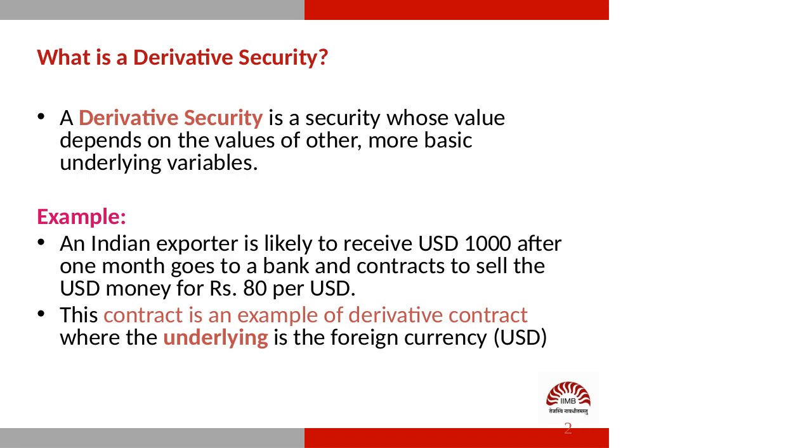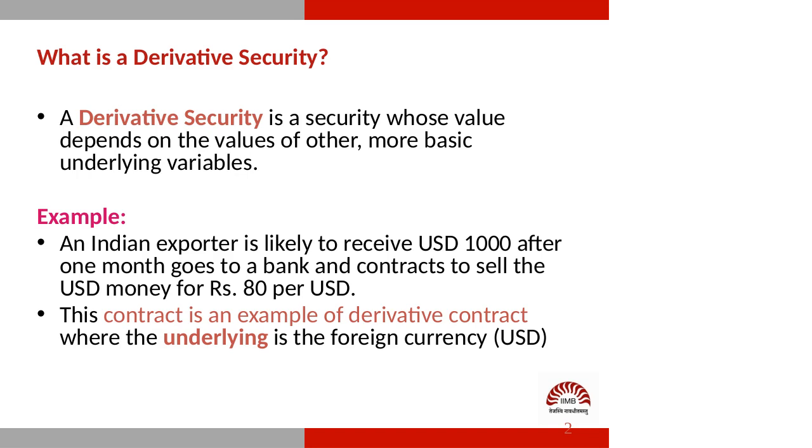The premium of the derivative contract is essentially nothing but the value of the derivative contract. And hence, you realize the value of the derivative contract is dependent on the premium that you actually have to pay, which is fundamentally based on the price of the underlying variable out here.